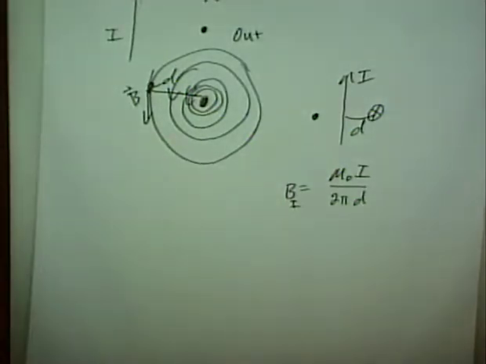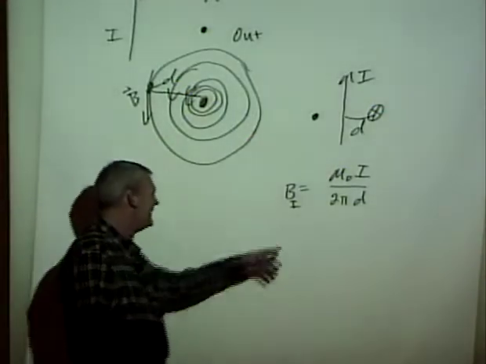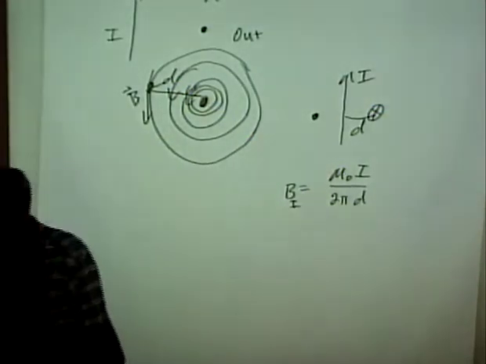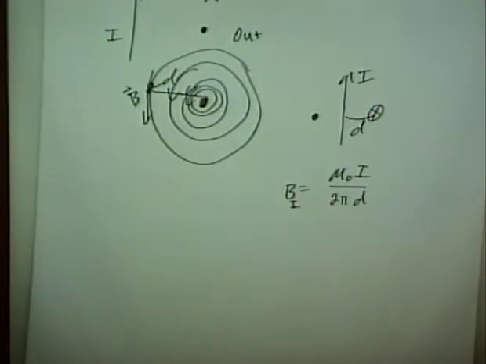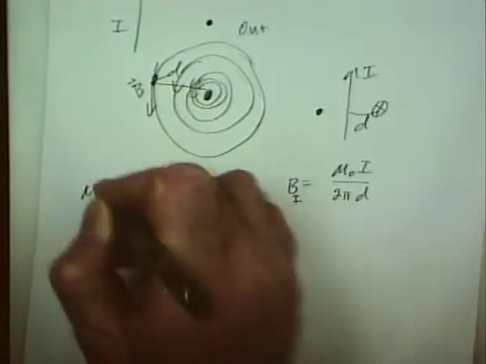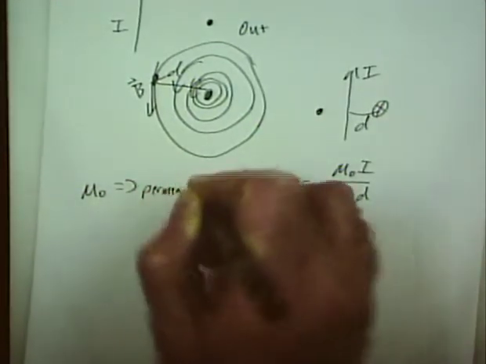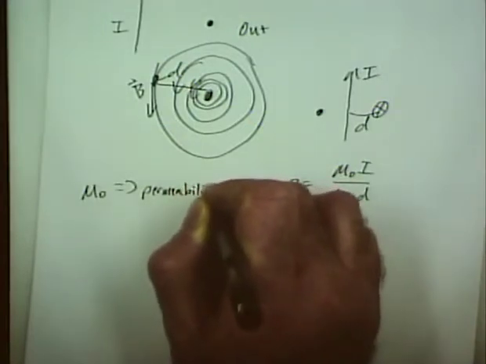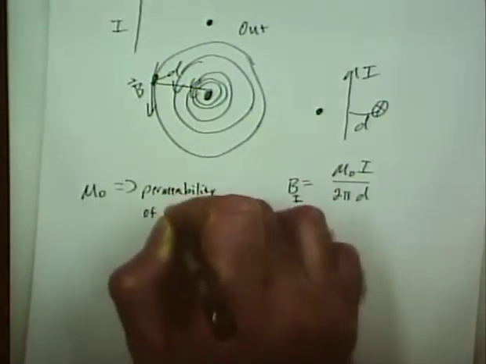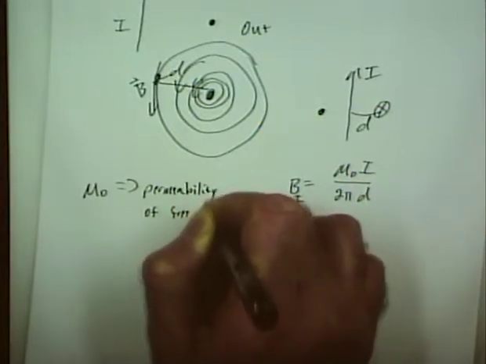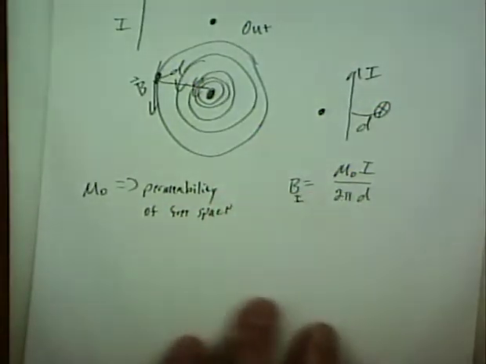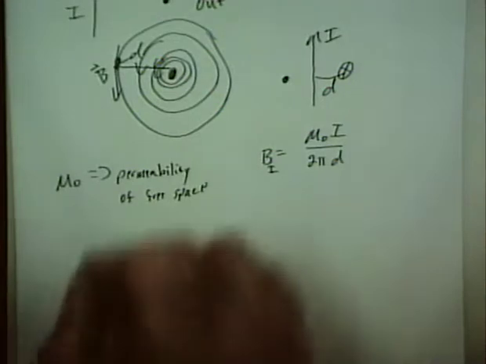Good. All right, now, we've got a new character in town, a new constant. He's right up there, near and dear to our hearts, just like the permittivity of free space. This guy's called the permeability of free space. Okay, so mu naught is a constant, and he's called the permeability of free space, and he's equal to this.